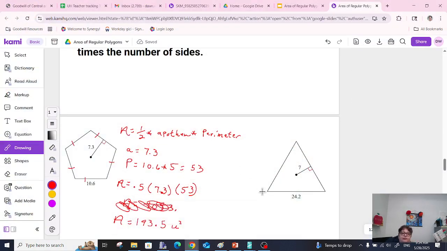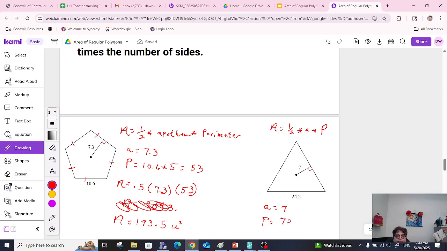Okay, so over here, this is a regular polygon. Area is equal to 1/2 times apothem. I'm just going to use a little a for apothem times capital P for perimeter. The reason I use capital P is there's an operation I have to do to get perimeter, where apothem I'm just pulling that information off. So, what's the apothem? 7. What's the perimeter?